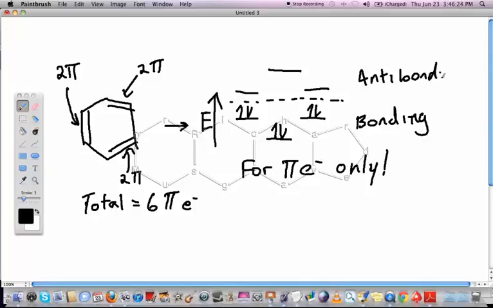Now remember, the bonding orbitals are good and the anti-bonding are bad, and since every electron we've ended up with is paired and happens to be in the bonding section, then we know that this is going to be a favorable situation for these pi electrons to be in.